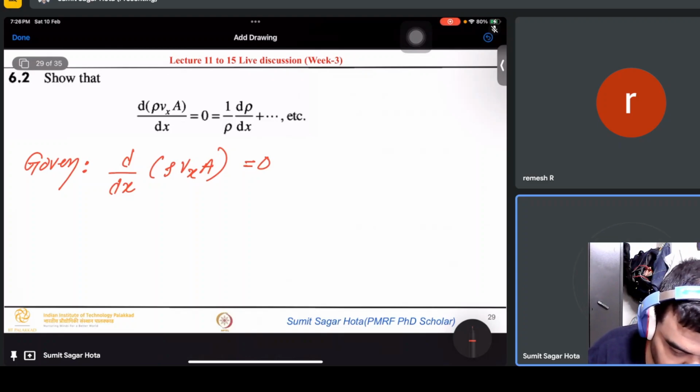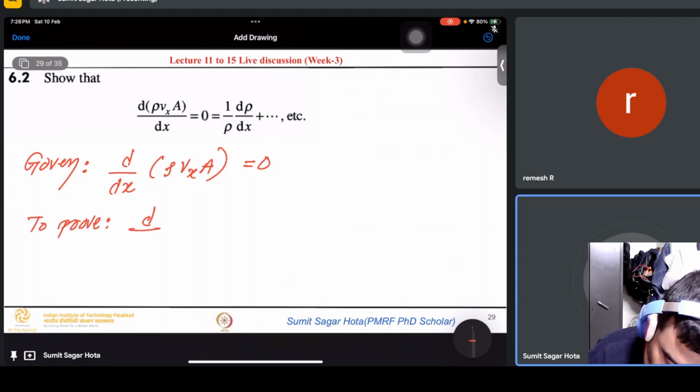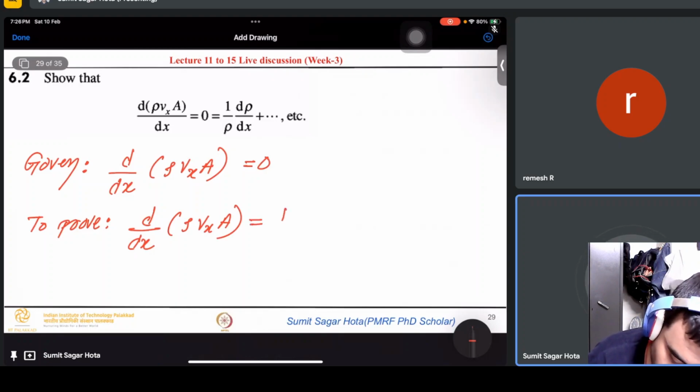To prove this, we have to just open this expression. What we actually need to prove is rho vx A equal to 1 by rho.